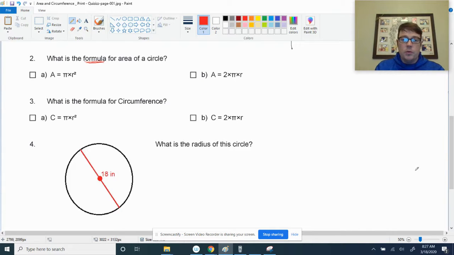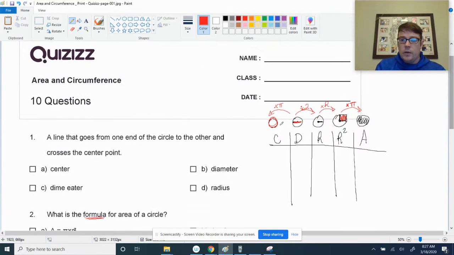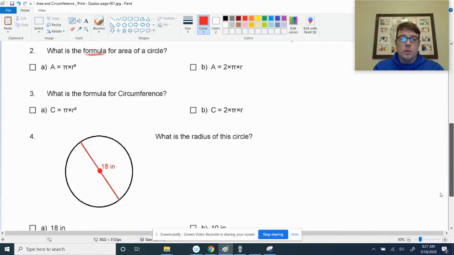There are a couple that would work, but it's definitely not pi r squared. We just talked about that, so it's got to be the other one, 2 radiuses multiplied by pi, and that would be b. You should be able to run through this pretty well if you can recall what this is.